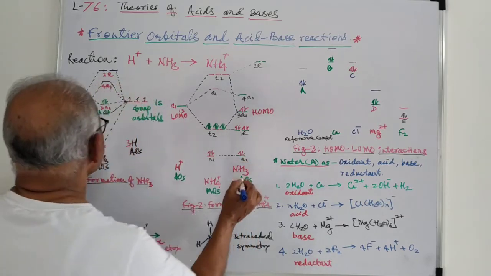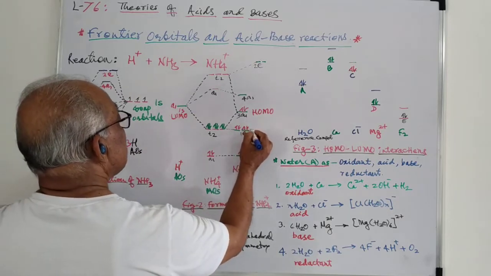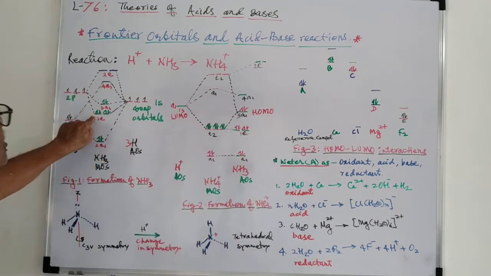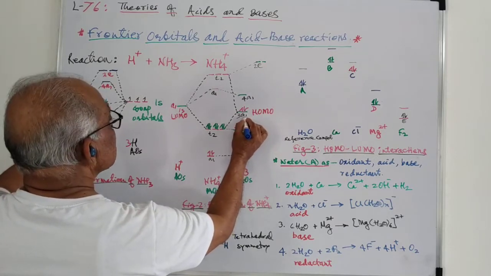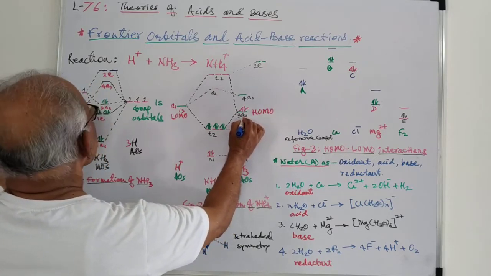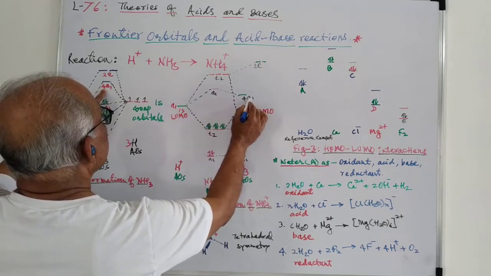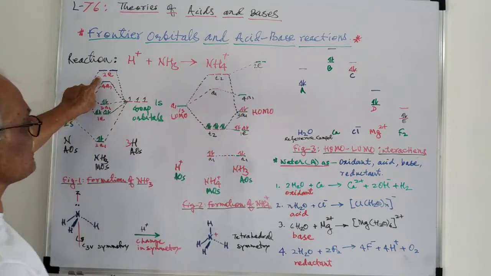So it has this A1 symmetry orbital. This has E symmetry orbitals, so you will find here 2 E symmetry orbitals. This is A1 symmetry orbital and this is A1 symmetry orbital, 4A1, and this 2E, E symmetry orbitals.